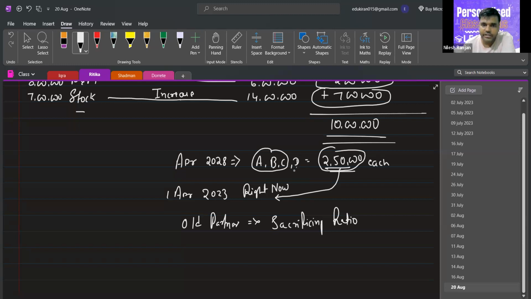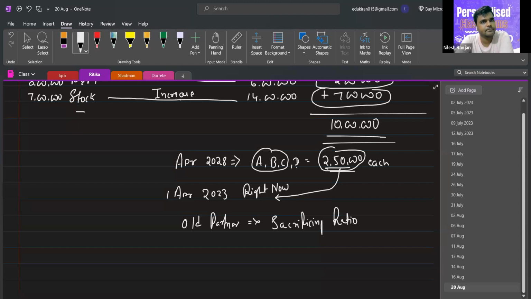So D will give back this 2,50,000 to A, B, C in their sacrificing ratio. Now, do you have any question in this background of the revaluation concept?